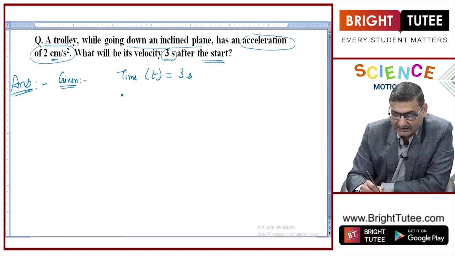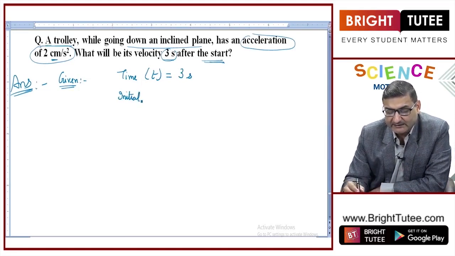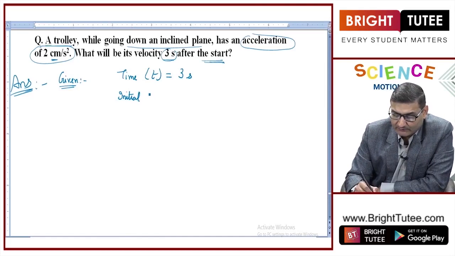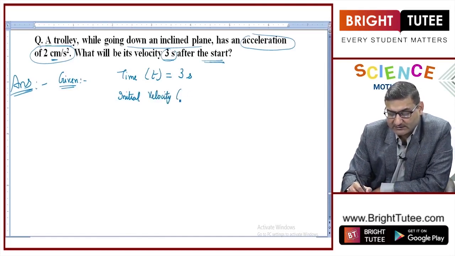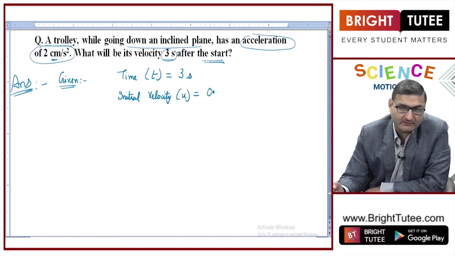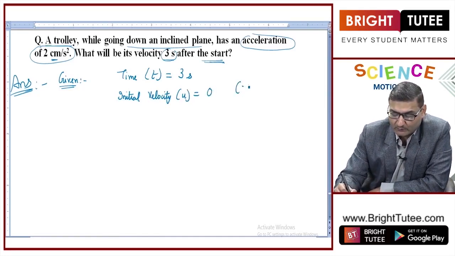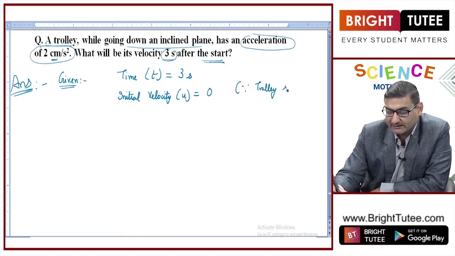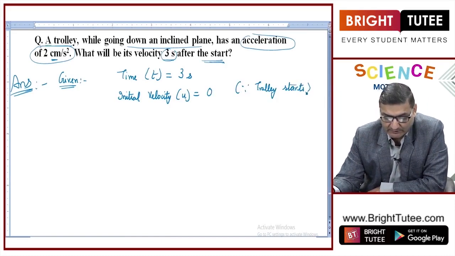After the start, the body is at rest, because it is starting. So we know that whenever a body moves from its rest or starting position, then in that case we take the initial velocity to be 0, because the trolley is at rest. Here the trolley starts.